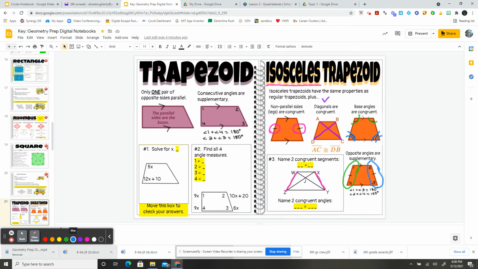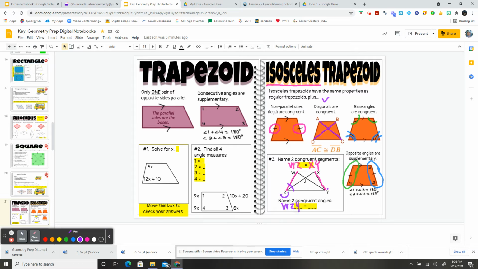So let's see what question 3 is asking us for. Name two congruent segments. Oh, we kind of accidentally already did that. So WZ is congruent to XY. And then name two congruent angles. Well, we can name this angle WZY.